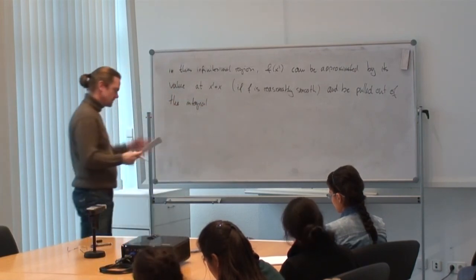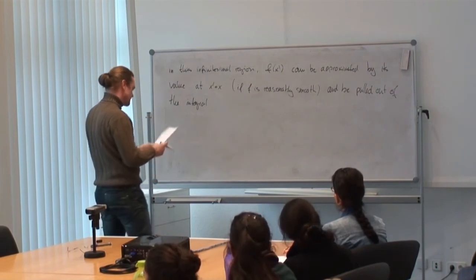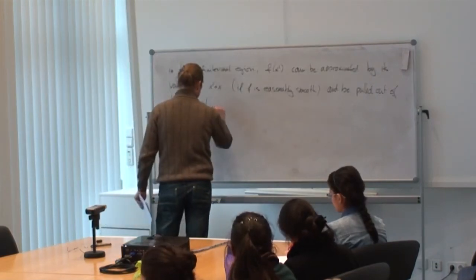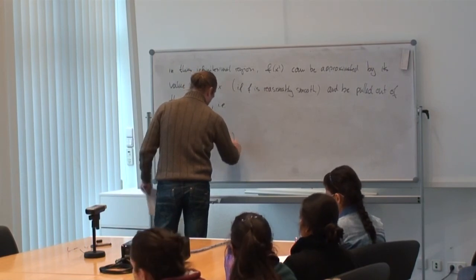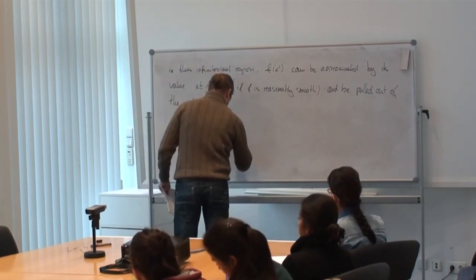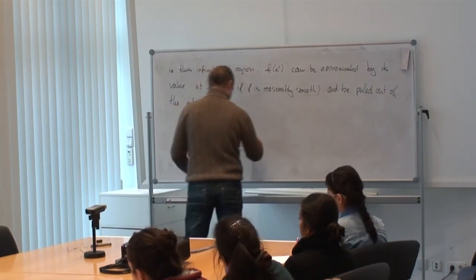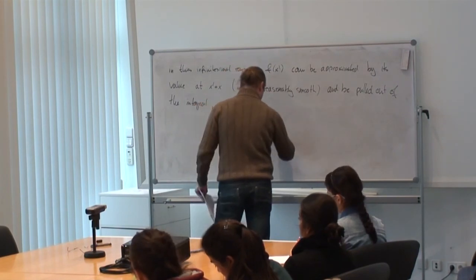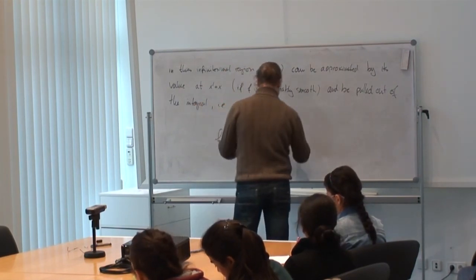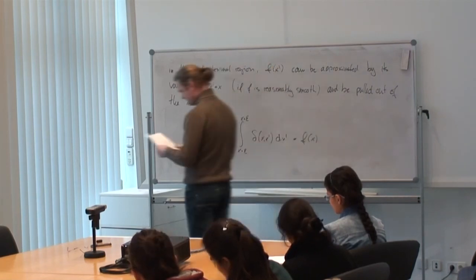And that is to say the equation, I should have given it a number, I just erased, can then be written as f of x times the integral from x minus epsilon to x plus epsilon of delta of x, x prime, dx prime, and all of this is on the right hand side, nothing changes, f of x.